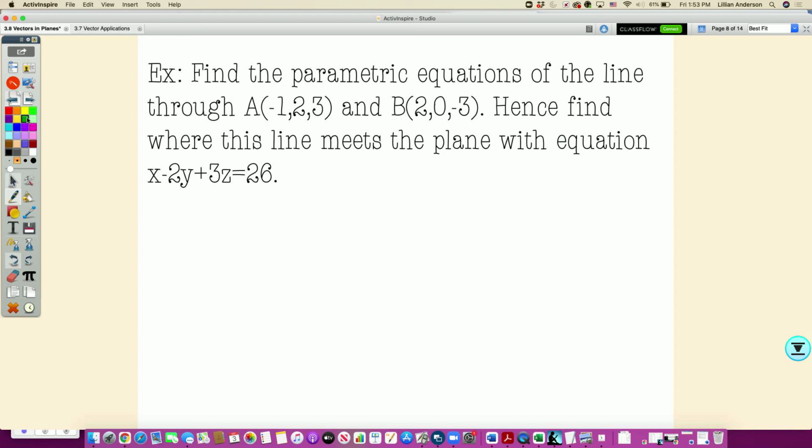So this time we're not finding the equation of the plane, we're trying to figure out this point here where a line would intersect that plane. So we have A and B, the two points that make up the line. We're going to find the equation for that, and then we're going to find the point where it intersects with the plane that has that respective equation.